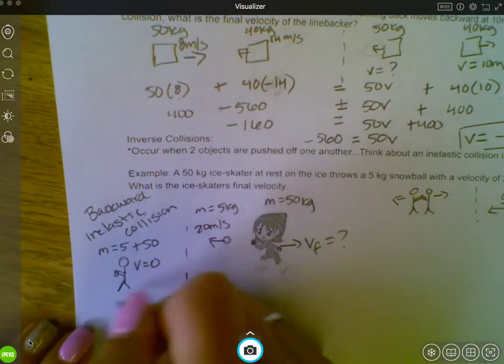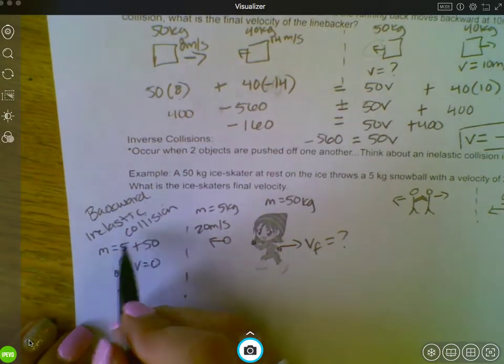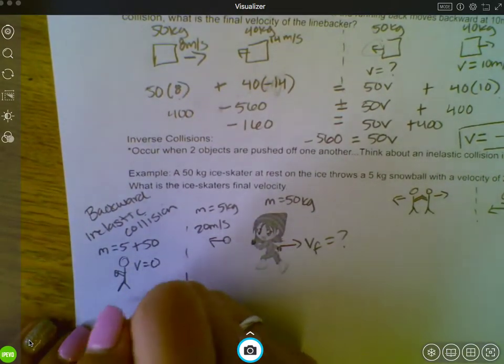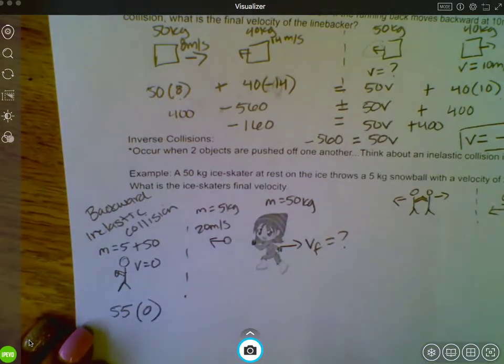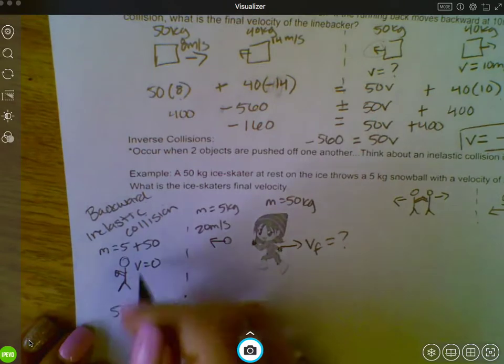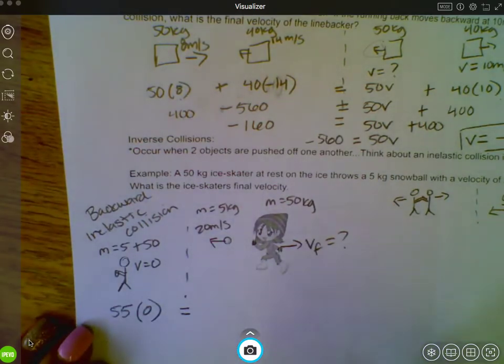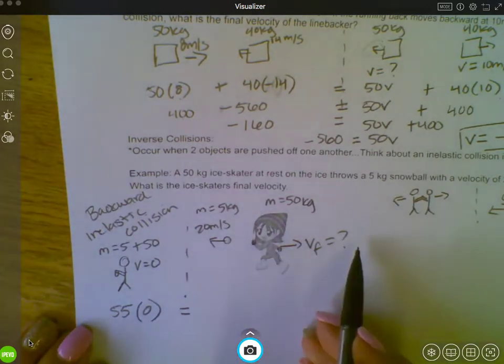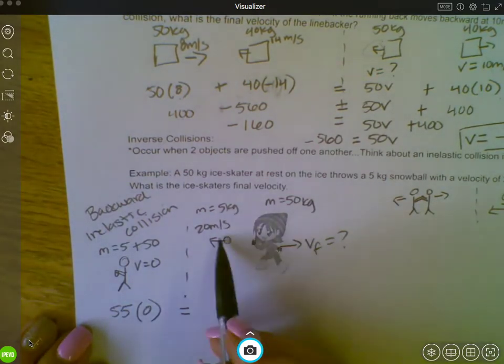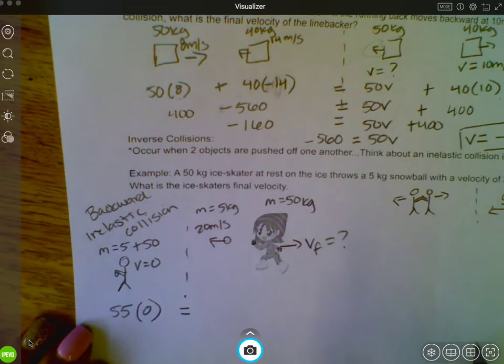So the MV for before is mass 1 plus mass 2, so snowball plus the girl, so 55 times their velocity before, which is 0, which means that the total momentum of the whole system is 0. Afterward, this ball is going to go left, she's going to go right, and they are going to have the same momentum, but they cancel each other out because of the direction.